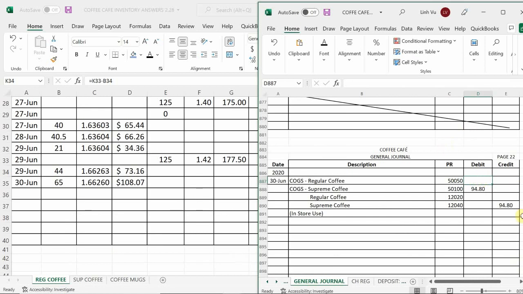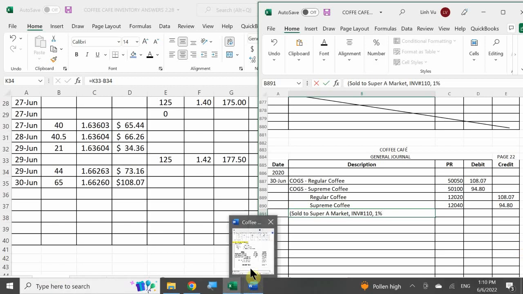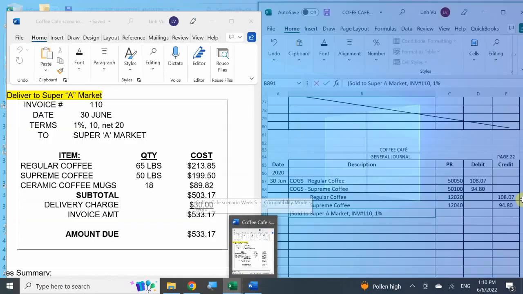So then, of course, I sold to Super A Market, invoice number 110.